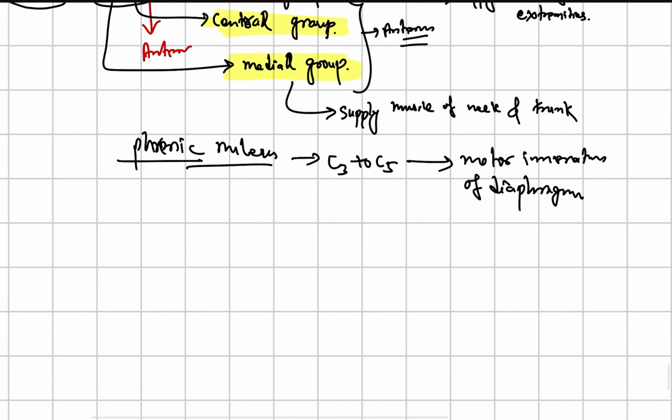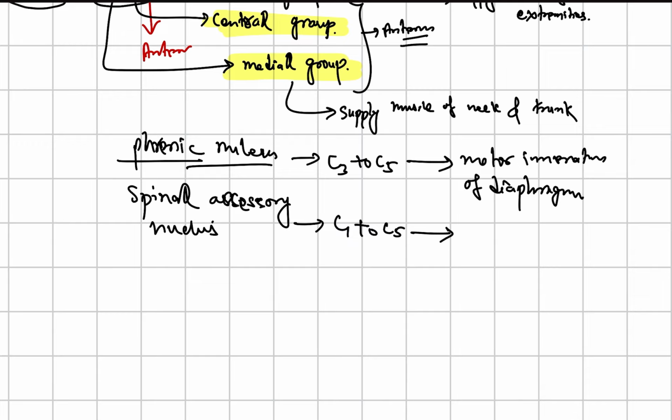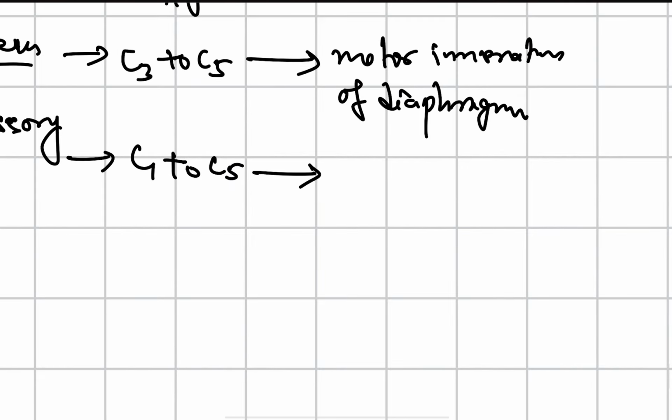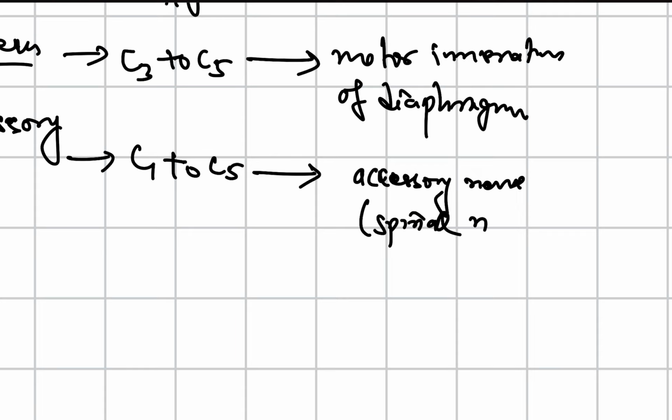Then there is the spinal accessory nucleus, present in C1 to C5, which is the origin of the spinal root of the accessory nerve.